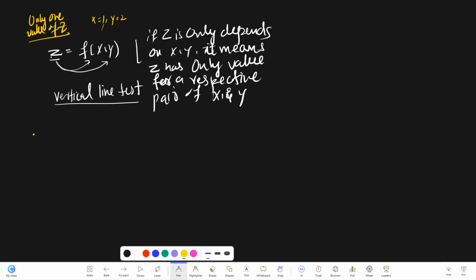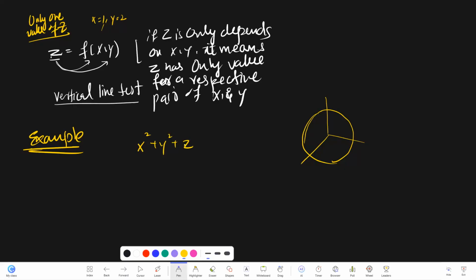For example, I have a sphere. Sphere means 3D, right? The equation of this sphere is x squared plus y squared plus z squared equals 9.